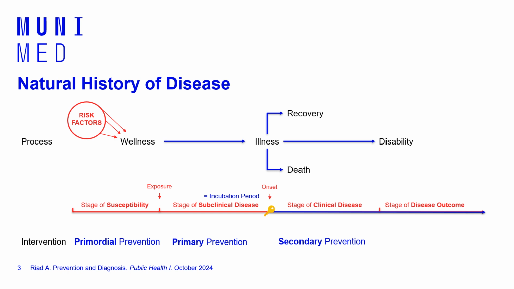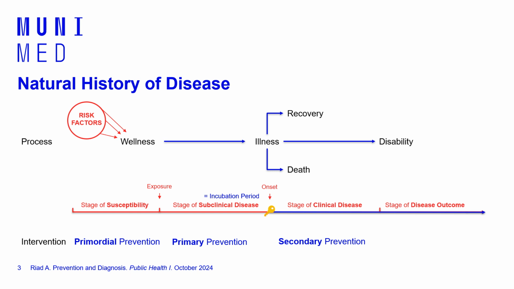So secondary prevention takes place technically during subclinical disease in order to prevent the clinical disease. And this can be, if you think about it, in the way of early screening. When you screen a group of individuals, let's say women or children or whatever other population group, for certain abnormalities like cancers or other diseases, you try to find the cases that have the disease already without clinical symptoms, which are the cases of subclinical disease.